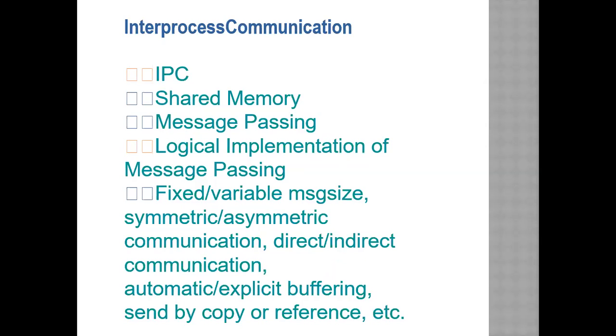IPC stands for interprocess communication, and memory has to be shared. Memory is a resource. Suppose I have process P1 and process P2; P1 has 25K and P2 has 25K memory allocated, but P2 is not using its memory while P1 wants extra memory. Then P1 can request the process P2 to give some memory so that P1 can be executed.